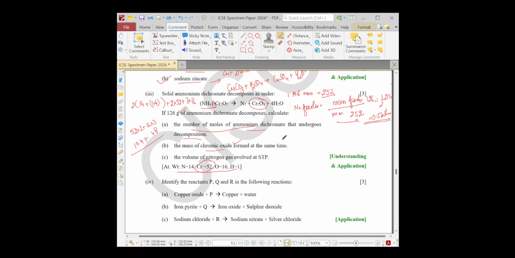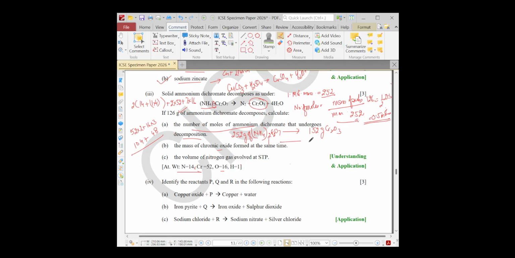Now we can solve this by saying that 252 grams of ammonium dichromate is going to form 152 grams of chromium oxide.